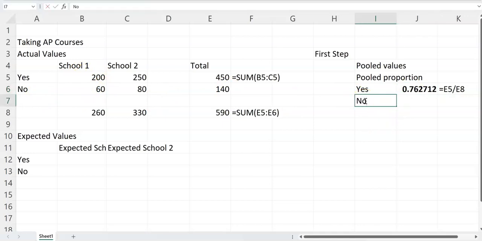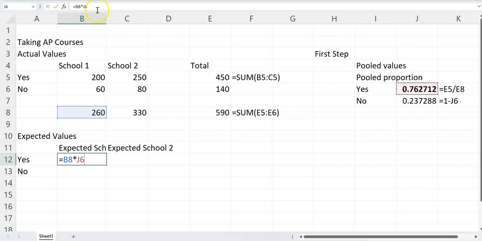For this, we also need the no value, which would just be equal to 1 minus the other value. Now to find that, I take 260, the total number of students in school 1, times the proportion who said yes, and click enter. The actual value is 200, but the expected value based on the pooled proportion is 198.30.